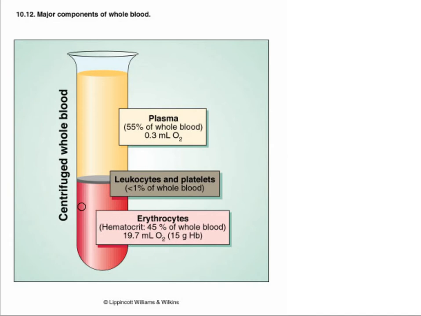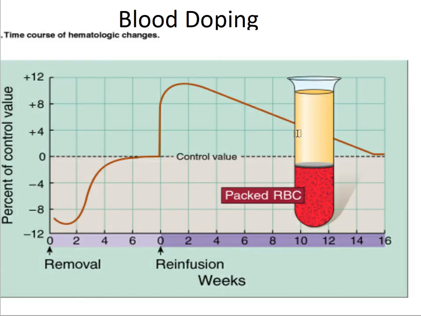So here are erythrocytes, or red blood cells, and the percent of these erythrocytes relative to this whole test tube is called the hematocrit. So here the hematocrit is 45%. So these red blood cells relative to the whole blood is 45%. And if we stick red blood cells back in, there's an increase in the percent over the control value.